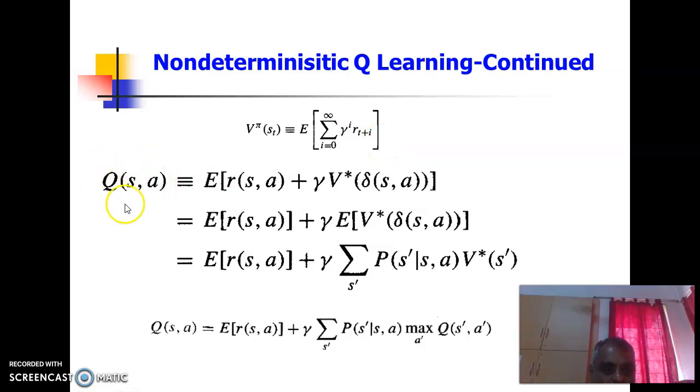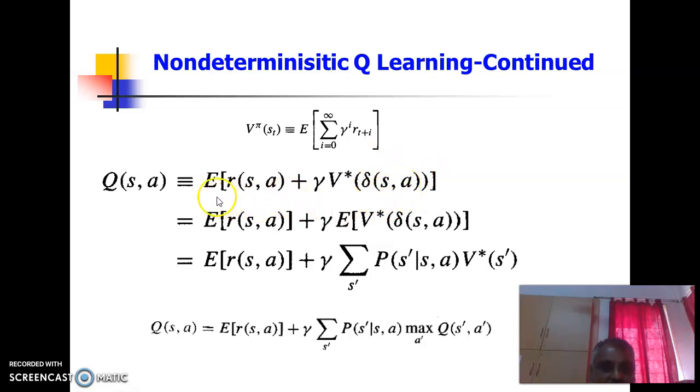Now we have the Q function. We had the Q function Q of s comma a is equal to r of s comma a plus gamma V star of delta of s comma a, and we said that this corresponds to the next state.